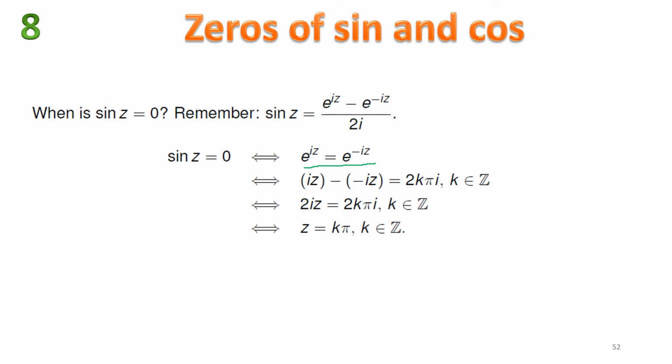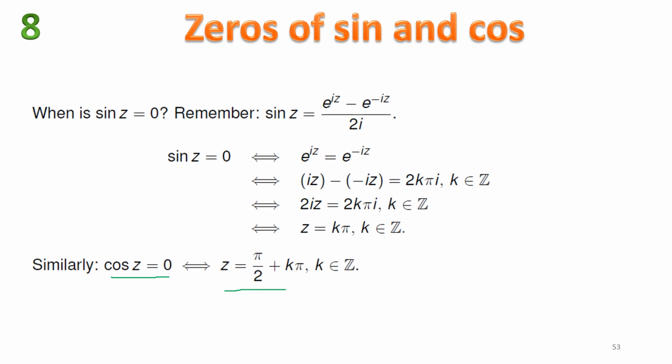So iz minus (minus iz) is equal to 2 pi k i. This is the possible condition, and this gives us that z is equal to k times pi, that is, an integral multiple of pi. Similarly, we can extend it: cos of z is equal to 0 when z is equal to pi by 2 plus k pi.